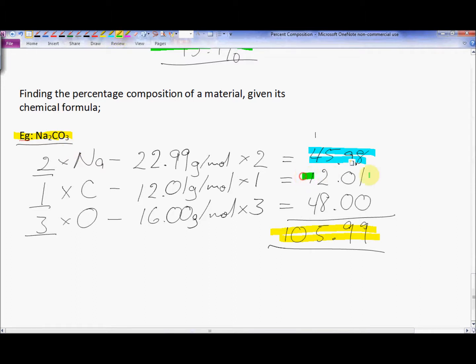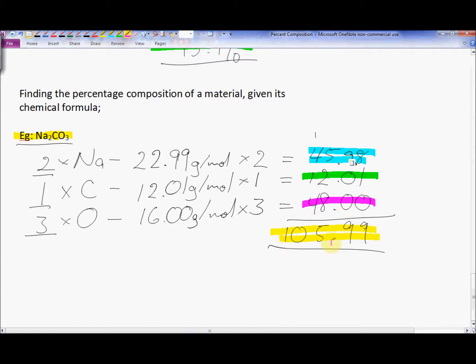And then finally, to find the mass percent of oxygen, I'm just going to divide the mass that's contributed by oxygen atoms by the molar mass of the entire compound.